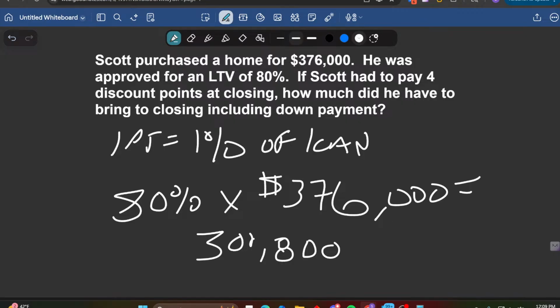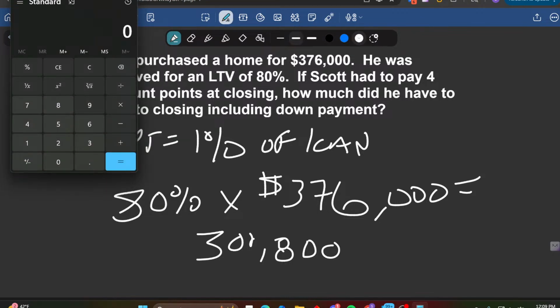There's two ways we could do that. First of all, we could take the sale price and subtract the loan amount to get the down payment. So let's do that.